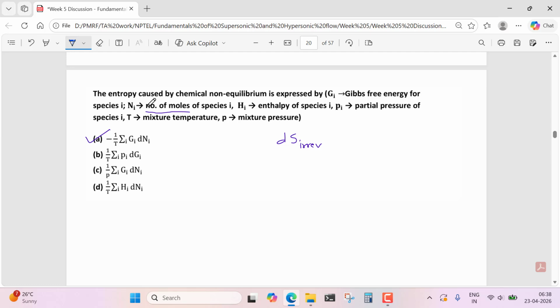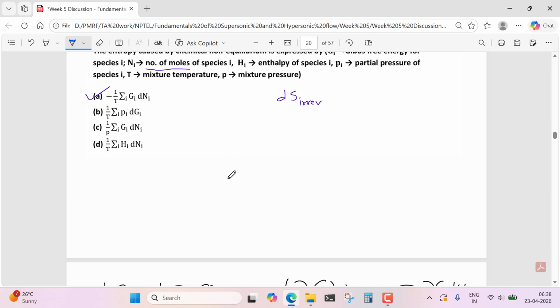Here it is the number of moles only, that is my mistake earlier. So what is the answer?